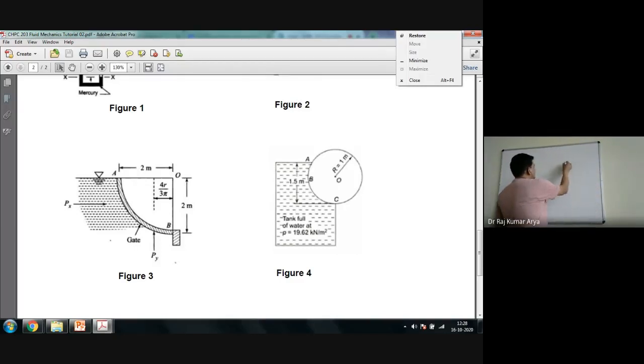So this theta, you already have 90 from here. Only this part you can calculate from here.